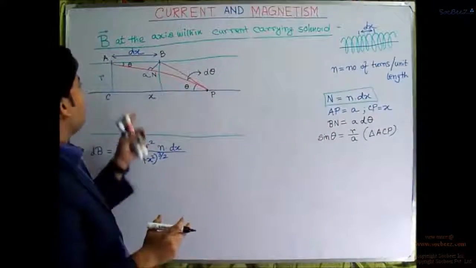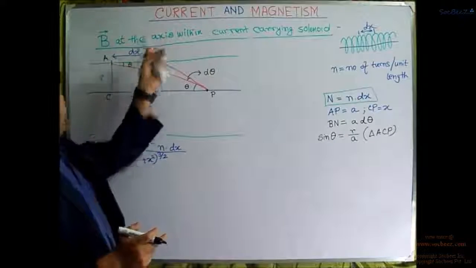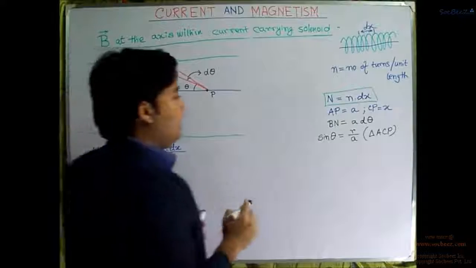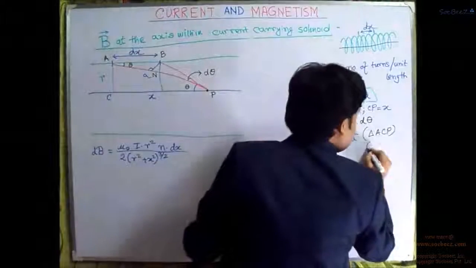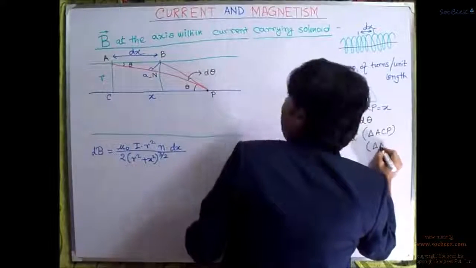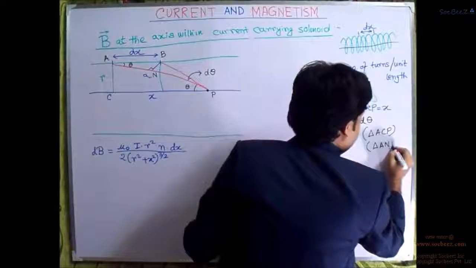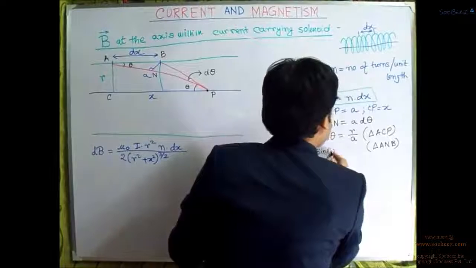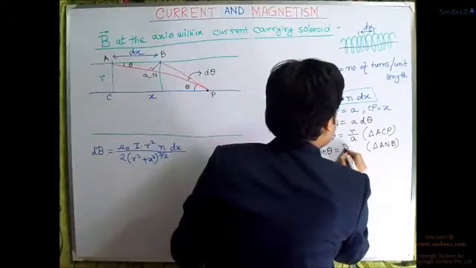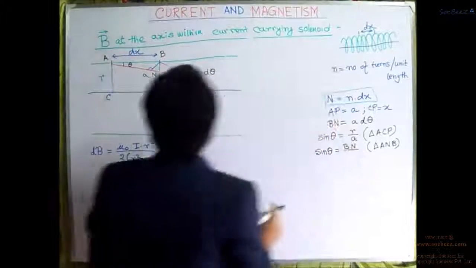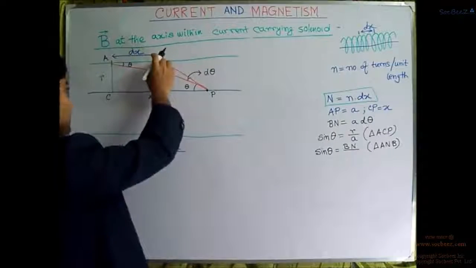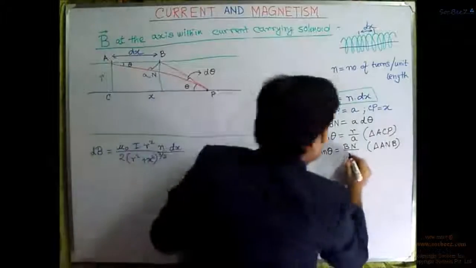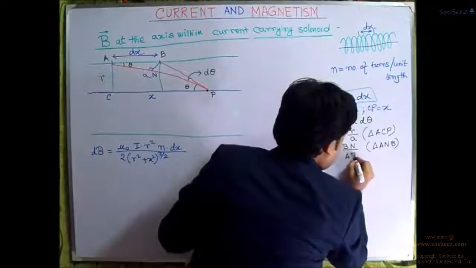Now from the small triangle AB, where the angle at n is 90 degrees, we can apply trigonometry and get sine theta equal to Bn divided by AB.